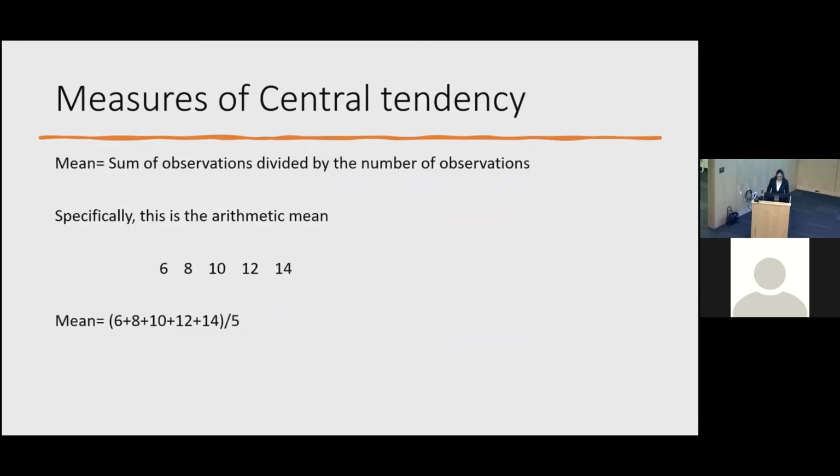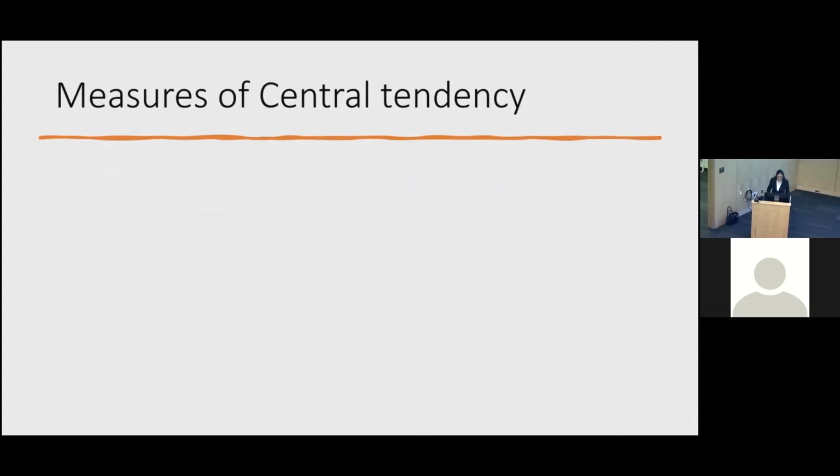It's 10, correct? All you have to do is add up the numbers and divide by the number of observations, which will be 10 years. So the mean here is 10 years.